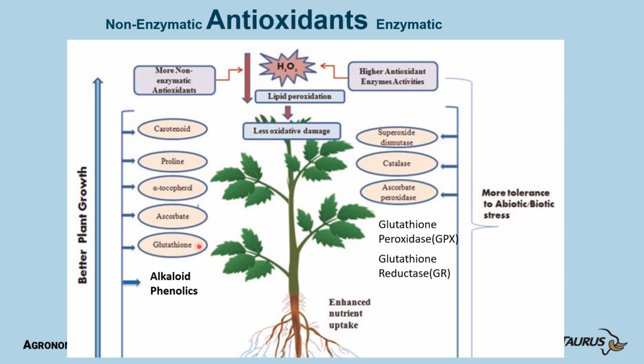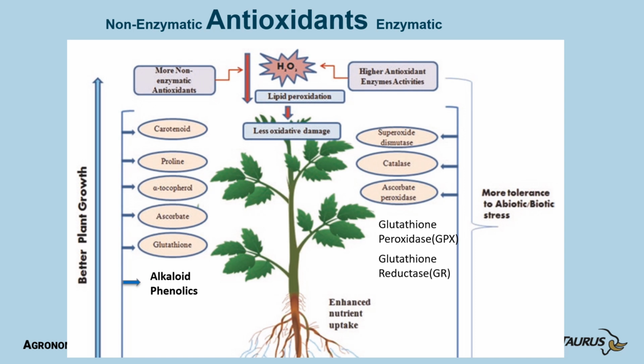And we have all kinds of alkaloids and phenols that are involved in non-enzymatic ways to scavenge these free radicals. Then we have the enzymes. Remember I said SOD right there, catalase, ascorbate peroxidase, glutathione. Now all the enzymes that are involved in that. And we get the free radicals destroyed.